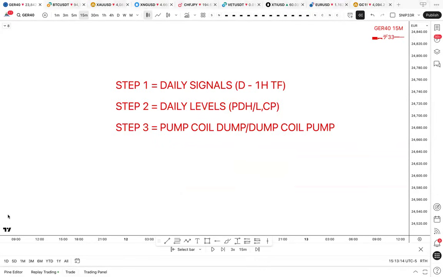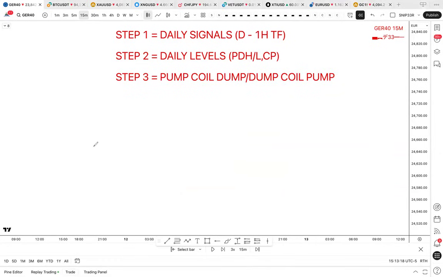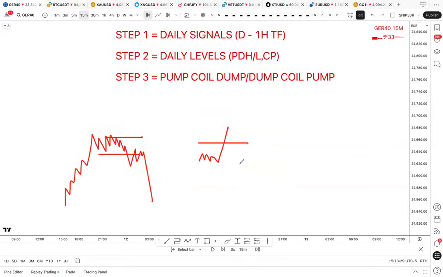Now you can get two types of pump and dumps, and there's only two types. You have your pump coil dump opportunity, or it could be our trap and shift opportunity, which both of these can be with or against the trend.